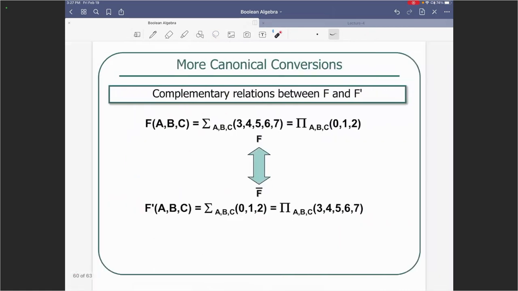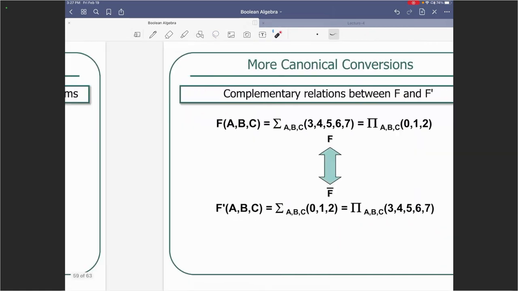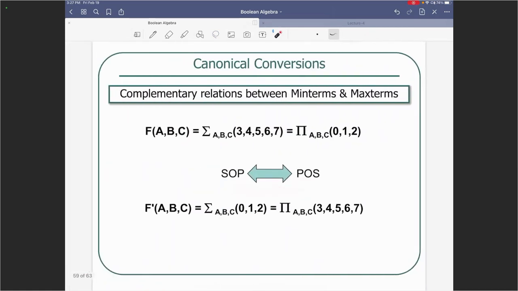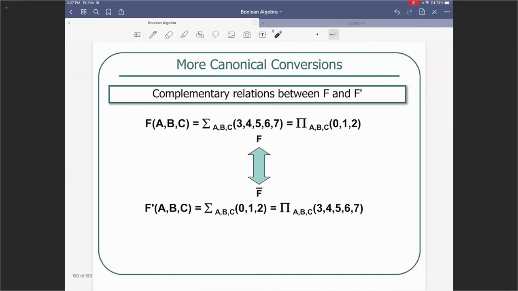Okay, so we were talking about a complementary relationship between minterms and max terms, but also there is a complementary relationship between f and f complement, right? So if you have the SOP function for f, or the canonical product of sum form, then you also have that complementary relationship for f complement.